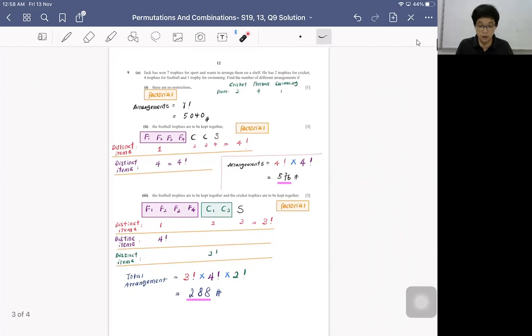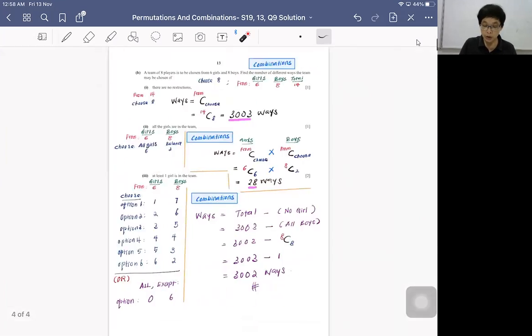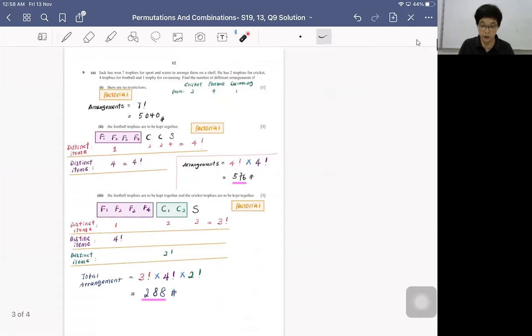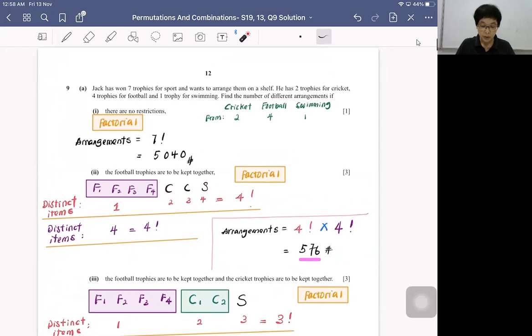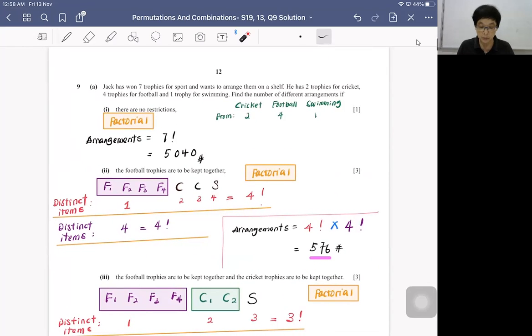In this question, it's spread over 2 pages. Now let's deal with the first page, from page 12. Part A. Jack has won 7 trophies for sport and wants to arrange them on a shelf.